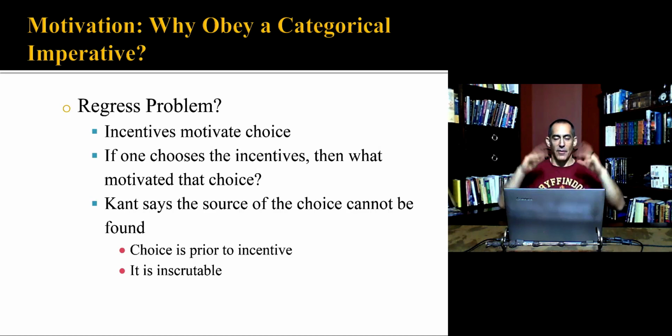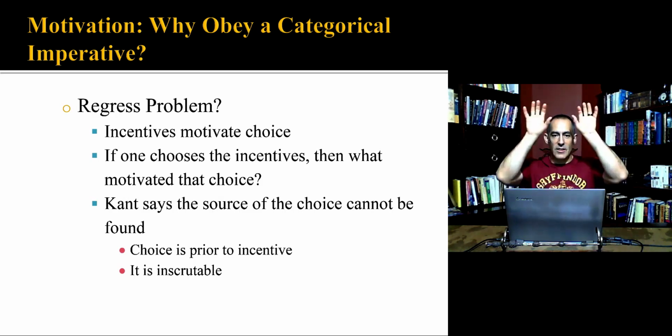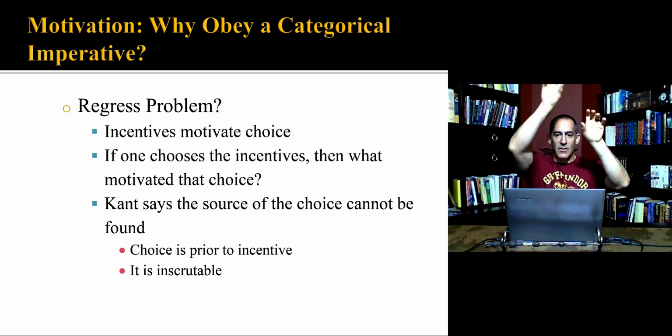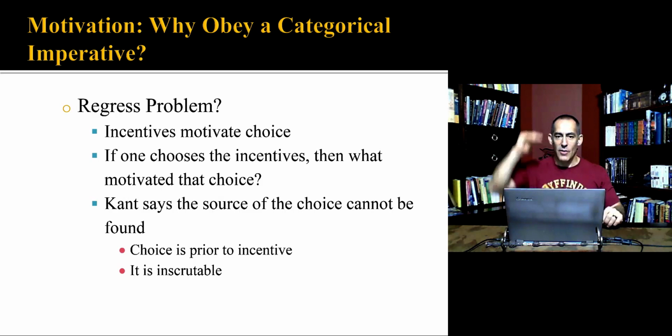I don't know if I'm making this clear, because this whole regress problem is sometimes hard to catch on to. So if you have choice here and choice here, and you've got an incentive that helps you choose between the two, but you've got these different incentives, and we need to choose between those, what's the incentive for choosing between those two incentives? It's almost like we have a regress of incentives prior to each choice.